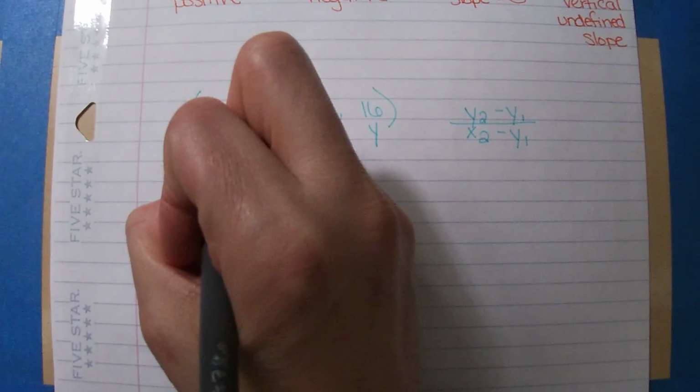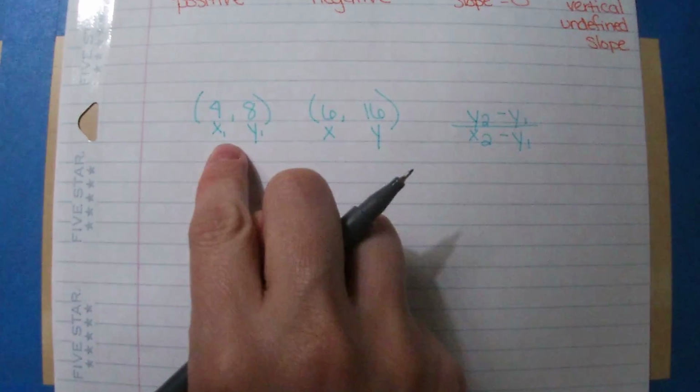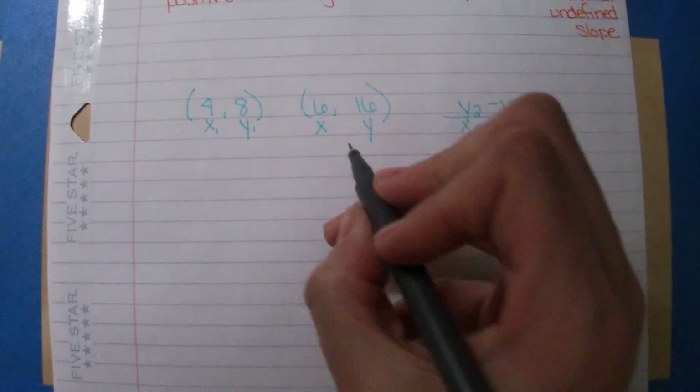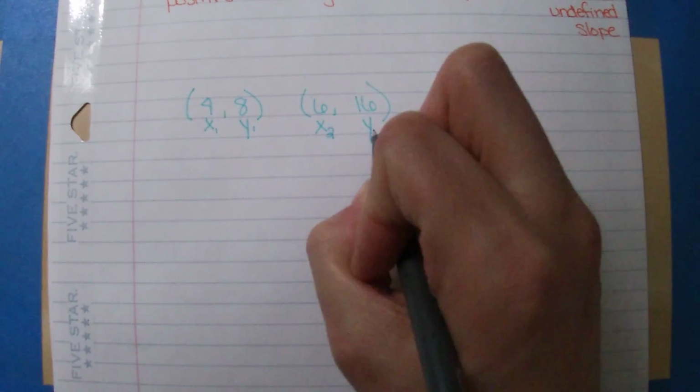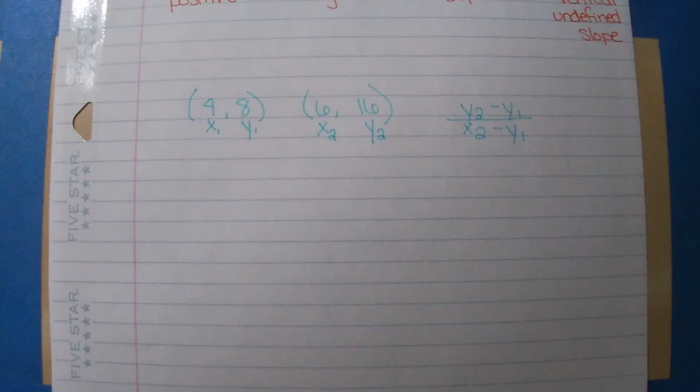So in my first point, I'm going to say that this is my first x and my first y, and this is my second x and my second y. I'm writing those numbers at the bottom right because I don't want to treat them like an exponent. I'm just identifying that it's the first or the second, so we call that a subscript.